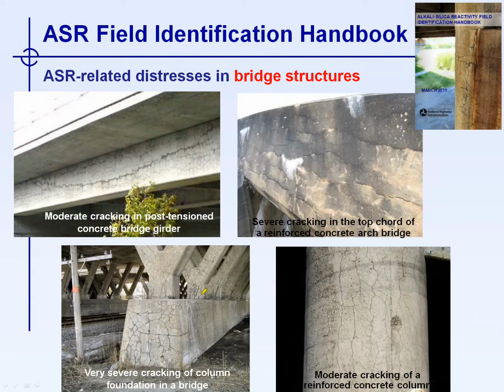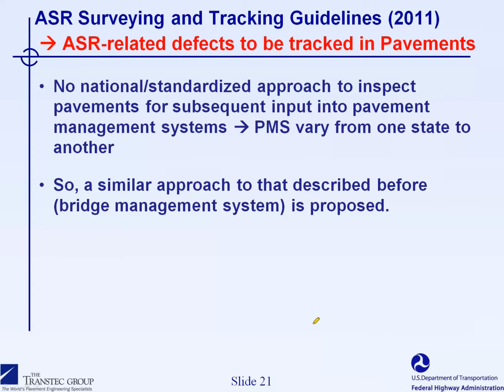Other examples of different features of deterioration, as you can see here, range from moderate to severe in different bridge elements, beams like that, in the base foundations of columns, and reinforced concrete columns as well. So all those pictures are provided in the handbook and will help the inspectors to classify the condition of the bridge elements.